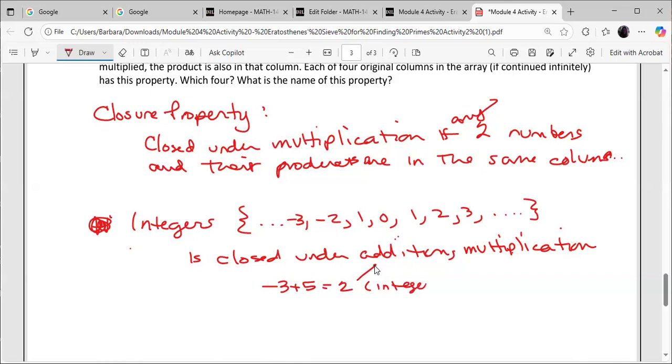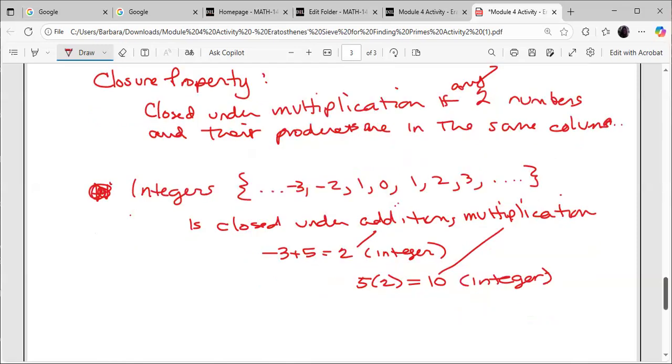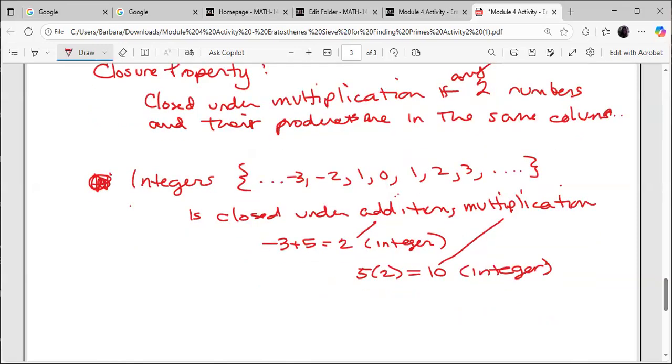For multiplication, say 5 times 2 is equal to 10, and 10 is also an integer. That's what the closure property means: if two numbers are in the set, the result of the operation is also in the set. So integers are closed under addition and multiplication.